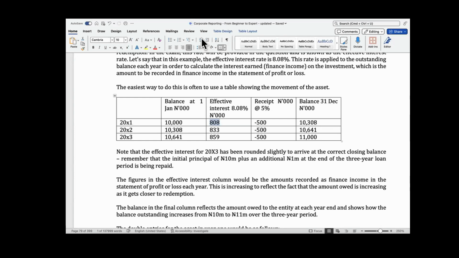That's interest receivable. Okay, yes, I agree with you. Are you debiting interest receivable and crediting what?